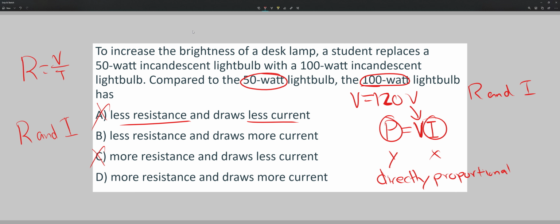Logically, that has to make sense. They are inversely proportional, right? If I increase the amount of electrons that go through a wire, that means my resistance to electron flow has to decrease. They are inversely proportional. And really, your answer here is less resistance and more current.